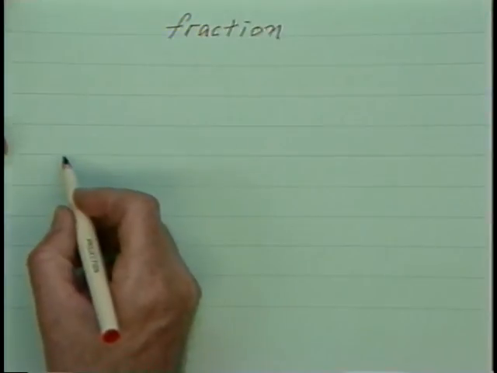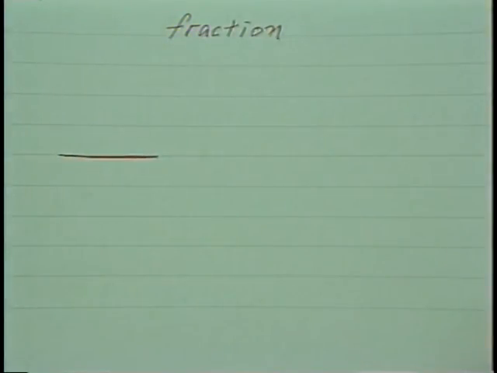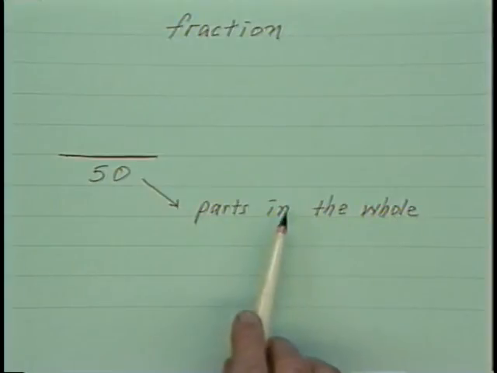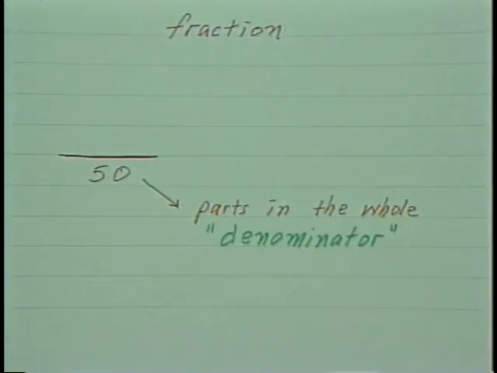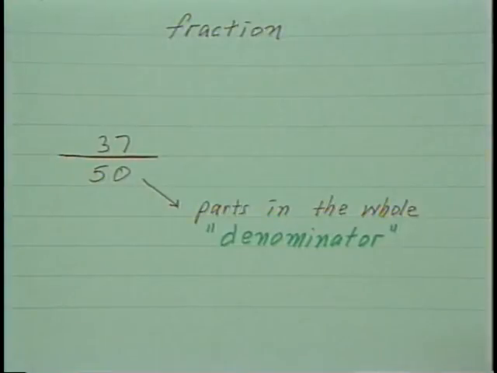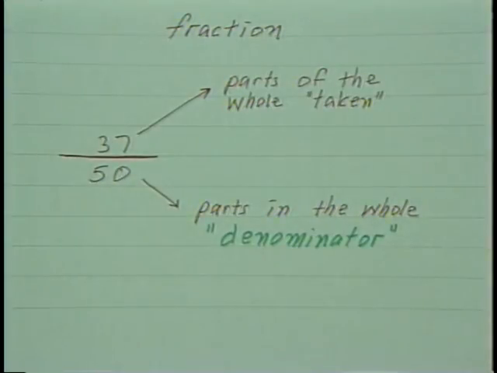A fraction is simply a code that takes a written bar, and the number you write on the bottom represents the parts in the whole of whatever you're talking about, and that number in that position we call the denominator, and the number you write in the top represents the parts out of that whole that you wish to take for some kind of consideration.